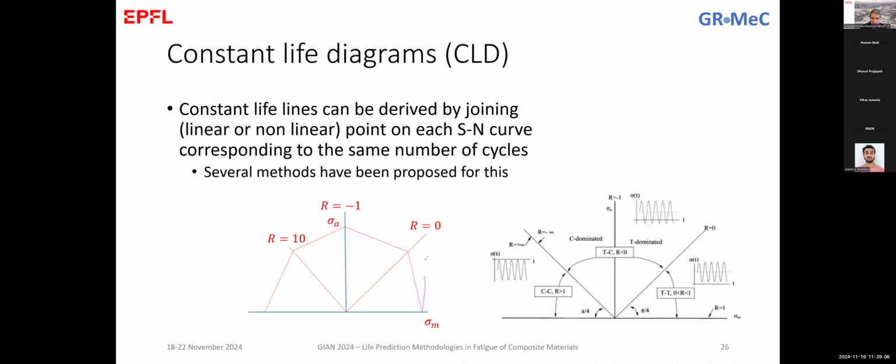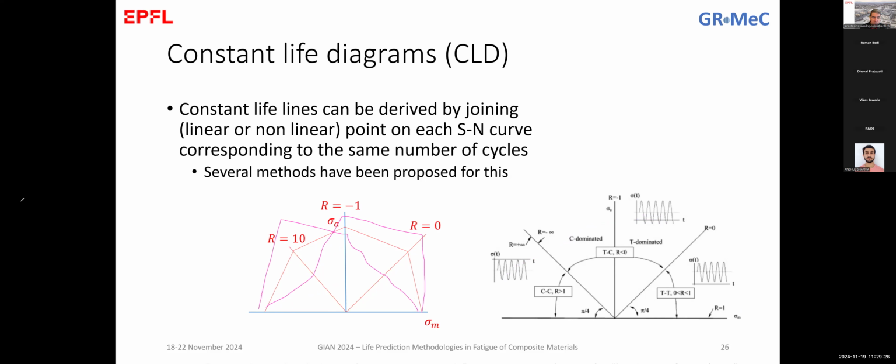If you have a diagram like that, this diagram shows that your material is performing better in tension and less in compression. And the opposite also, if you have a diagram like this, it means that your material behaves better in compression than in tension.